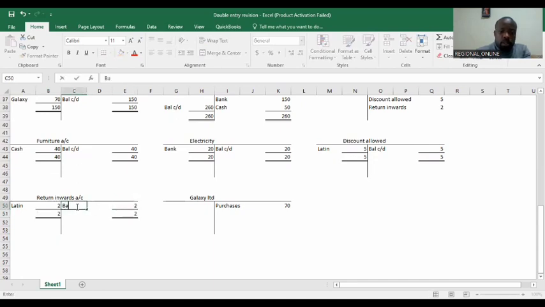So at the end of the day, the balance carried down is 2. Then the Galaxy, the credit is the highest this time with 70. So this is 70. So the balance carried down is 70.